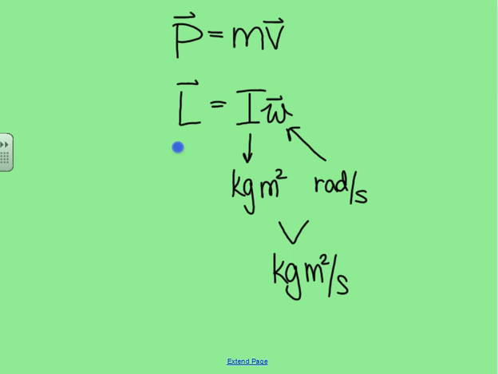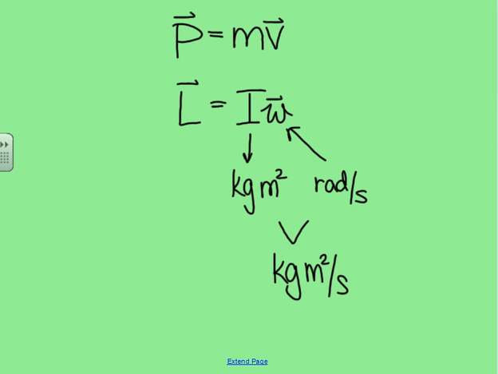Now that's a little bit weird. Where did the radians go? Well, radians are a weird unit. Anytime you multiply them by any other unit, radians just disappear. So the unit for angular momentum is kilogram meters squared per second. It is a vector, as you can tell by the vector symbol. And again, its direction is clockwise or counterclockwise.